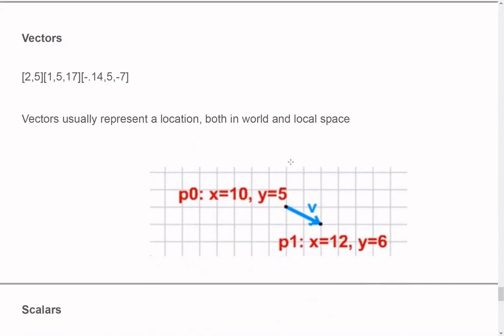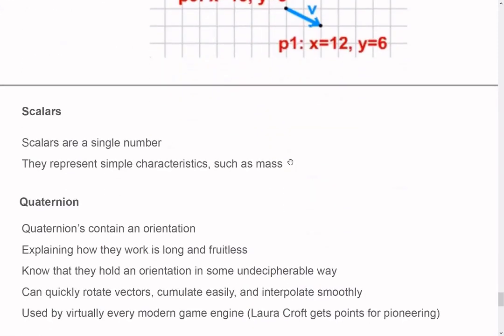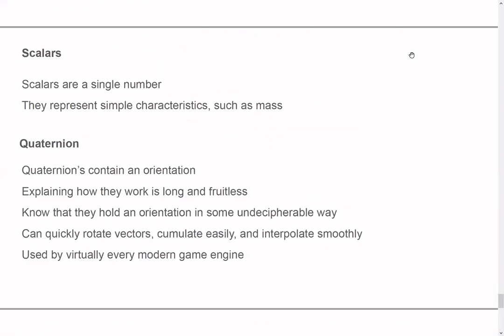So we talked about what vectors are. They represent location. When we look at scalars, these represent characteristics such as mass. Then quaternions contain an orientation, and they are mostly used in modern game engines.